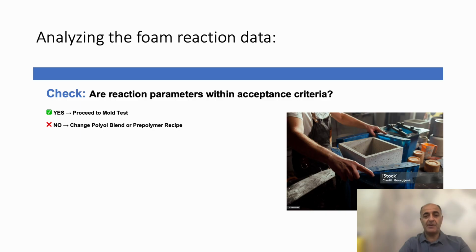And if these parameters are within the acceptance criteria, then we go to the next step and make the mold sample in the lab. And if not within the acceptance criteria, we go back one step and change or amend the polyol blend or prepolymer recipe.